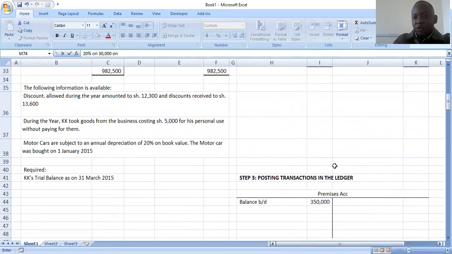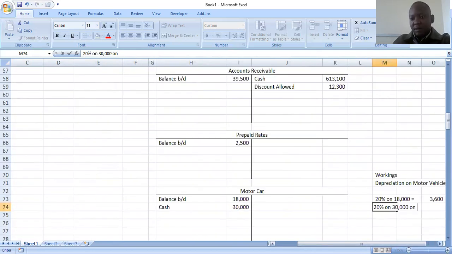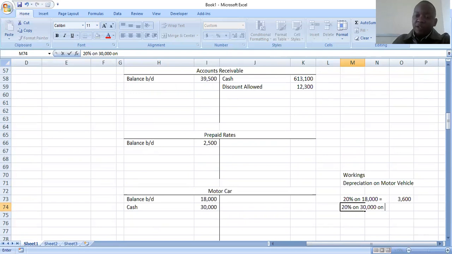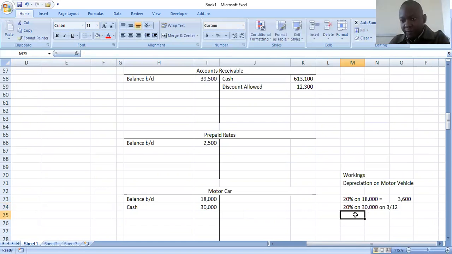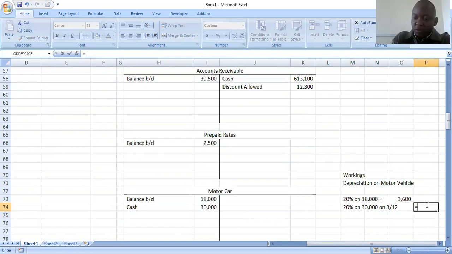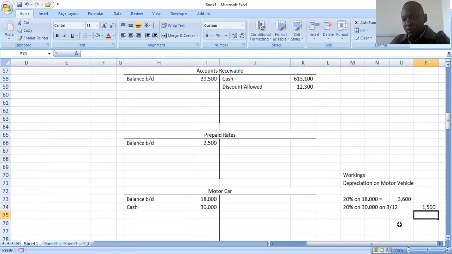So it has only been there for 3 months, and we cannot charge a year's depreciation for it. So it is 20% on 30,000 shillings for a fraction of the year, 3 months, that is 3/12. The depreciation on the new motor vehicle is therefore 0.2 times 30,000 times 3 divided by 12, which is 1,500.